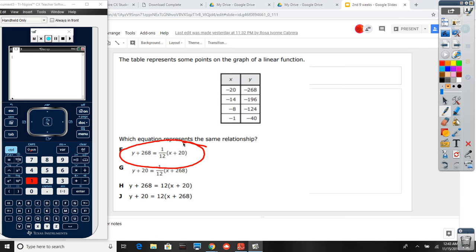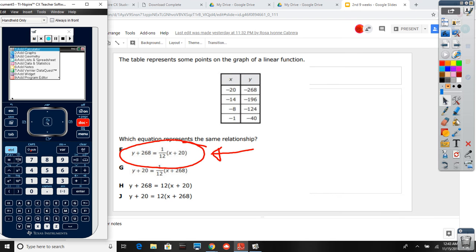The sad thing about this is that since the y is not by itself, you cannot see the table when you type in a relation. So that would be kind of unfortunate for you to take your time to go type that into y equals, and then you try to look at the table and then the table is not there, right? So, let me show you what I mean. Because you're probably right now like, what is this? What are you talking about?